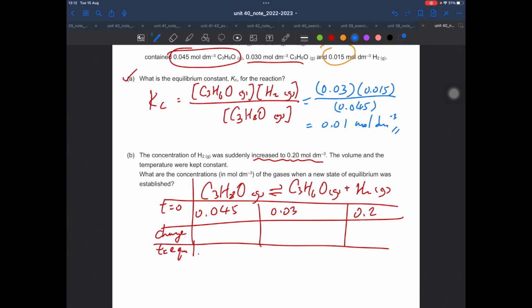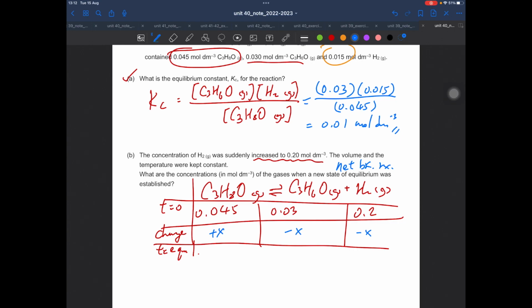Okay, the marker will not care. They will only care about the answer. So net backward reaction. So I can say the change is minus x, and positive x here. Okay, make sure you understand.